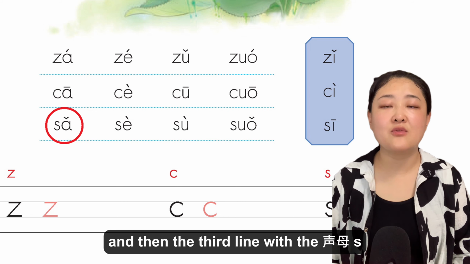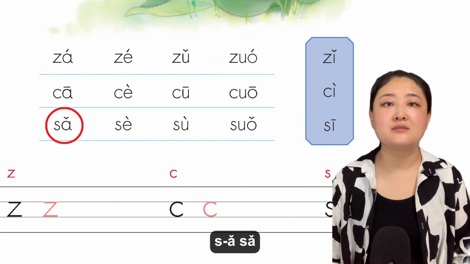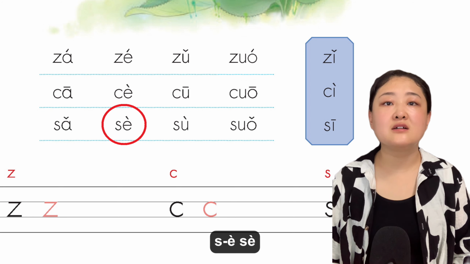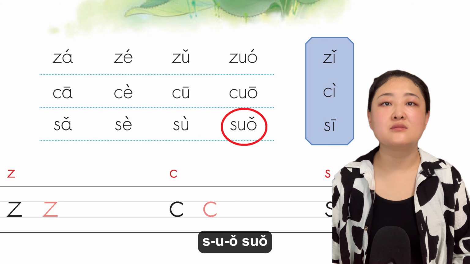And then the third line with 声母 s. S A 撒, S E 色, S U 速, S U O 所.